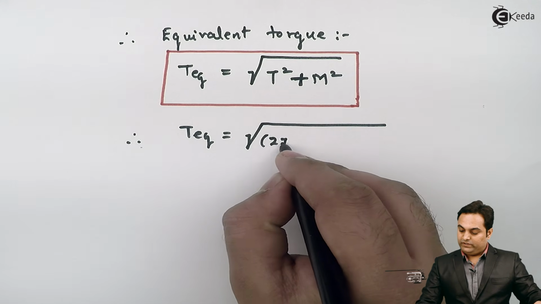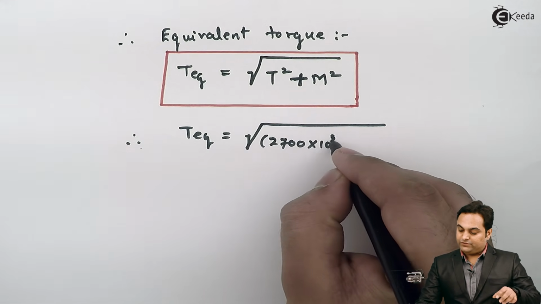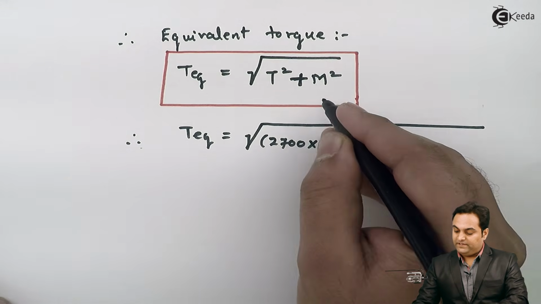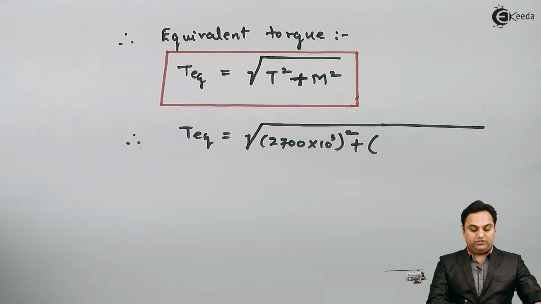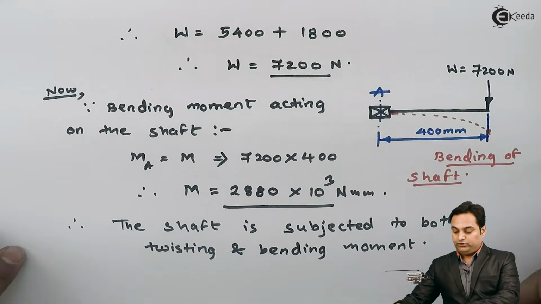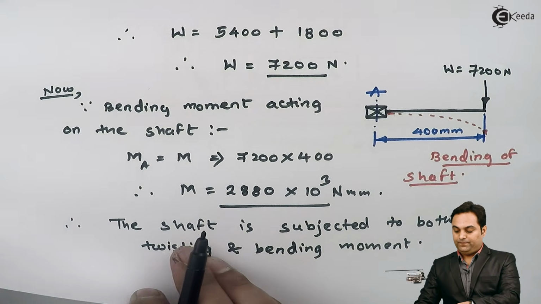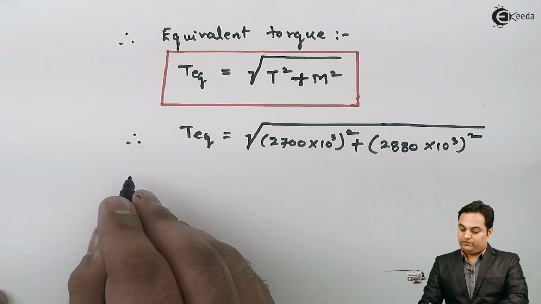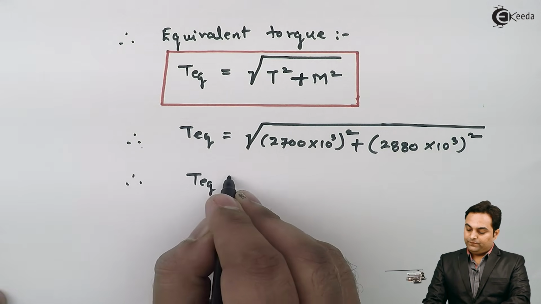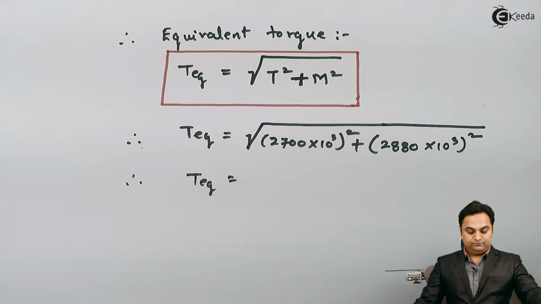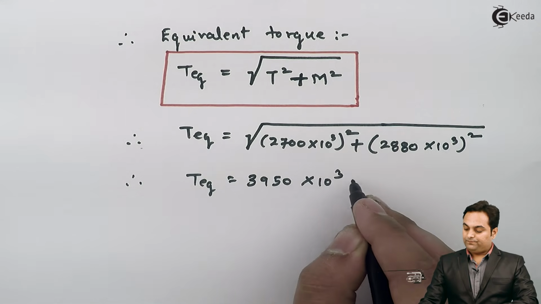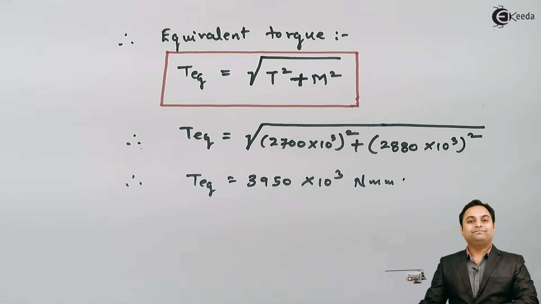So 2700 into 10 raised to 3 whole square plus the bending moment I have got just now, its value was 2880 into 10 raised to 3. From this I will get equivalent torque, and that is 3950 into 10 raised to 3 Newton millimeters.